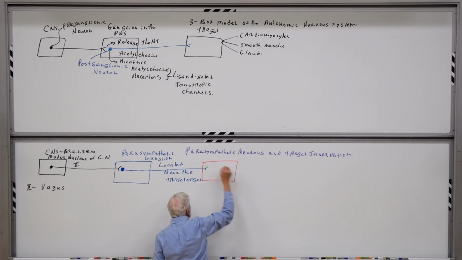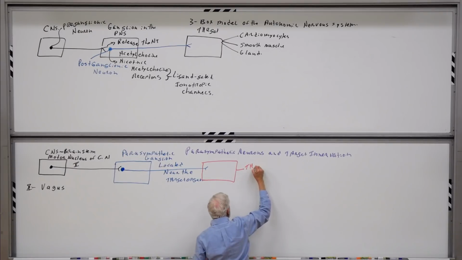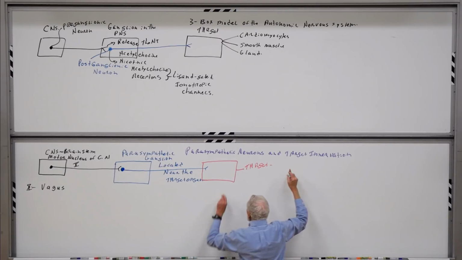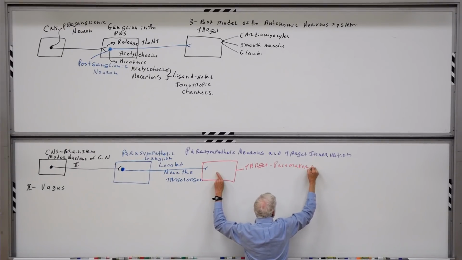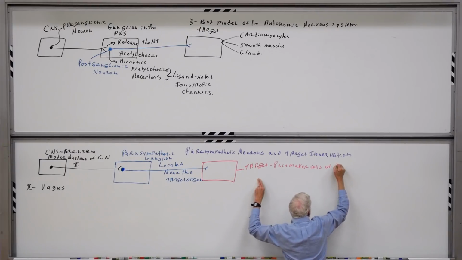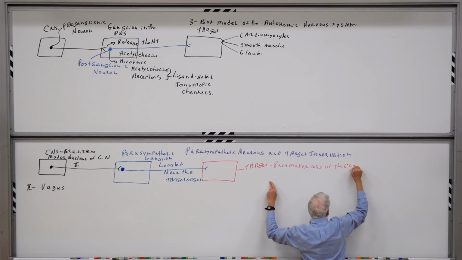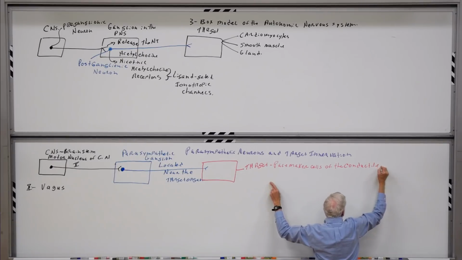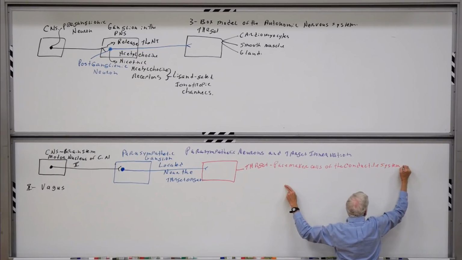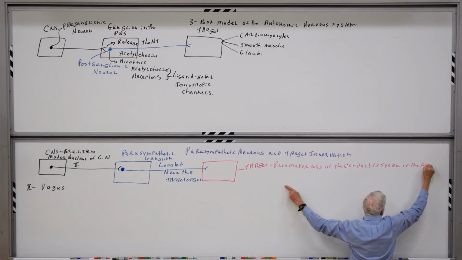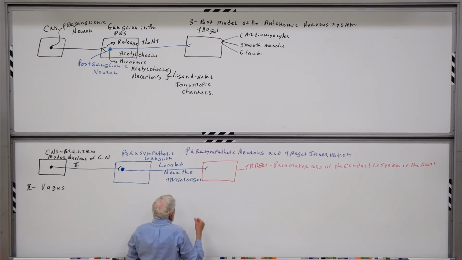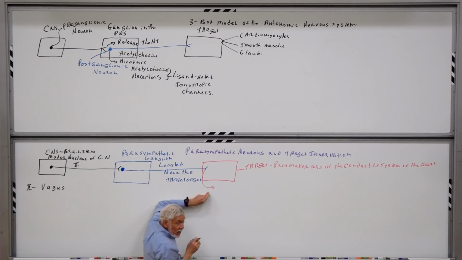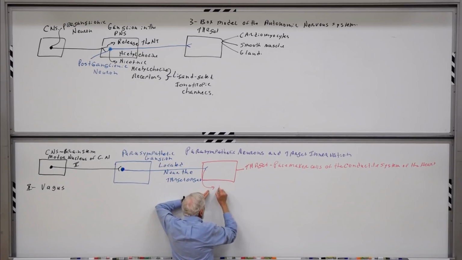Now, for our discussion today, the target is going to be the pacemaker cells of the conductile system of the heart. Again, these are cardiomyocytes. When we drill down and look at the neurotransmitter released here, we find that, as before, the neurotransmitter is acetylcholine.